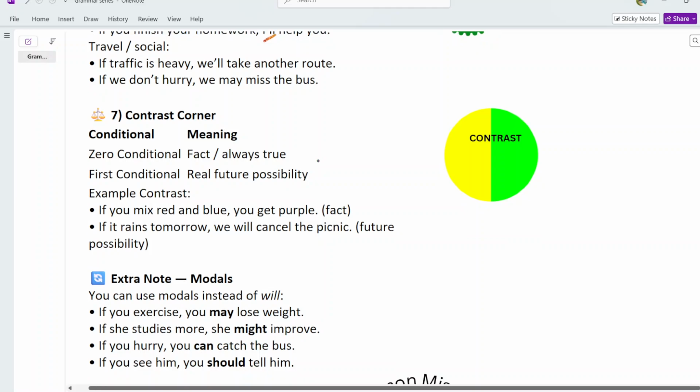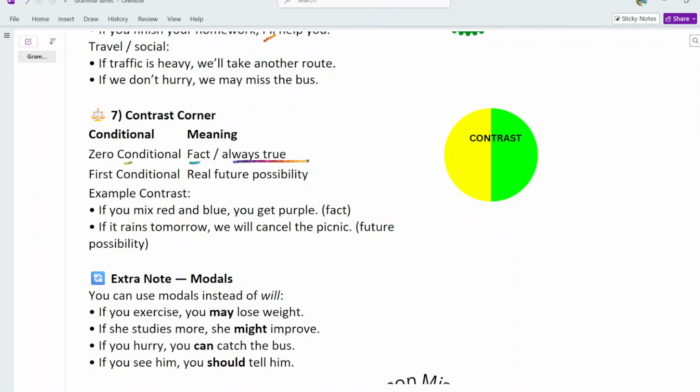All right. Now let's quickly look at the contrast corner, to understand a pretty important difference. The difference between a zero conditional and the first conditional is that the zero conditional always deals with facts, whatever we speak will always be true. No one can change that universal fact.